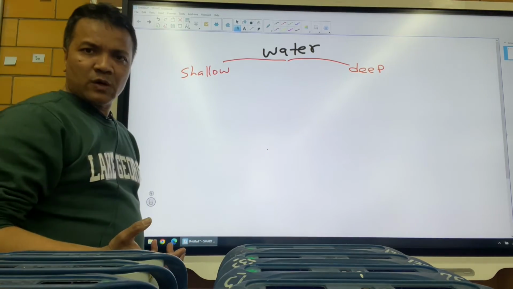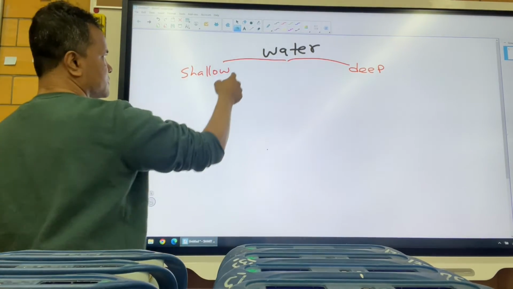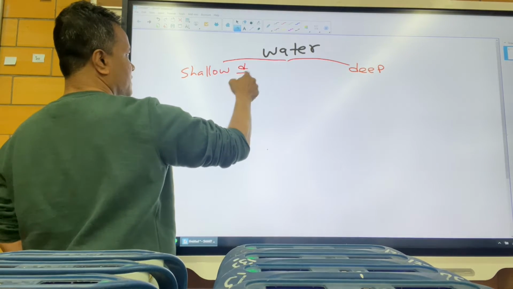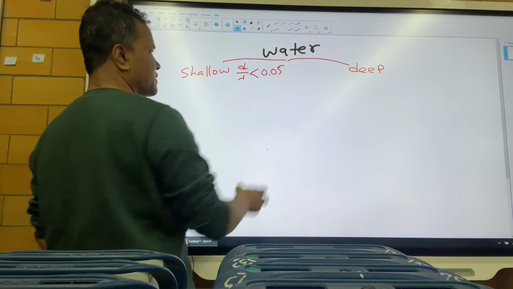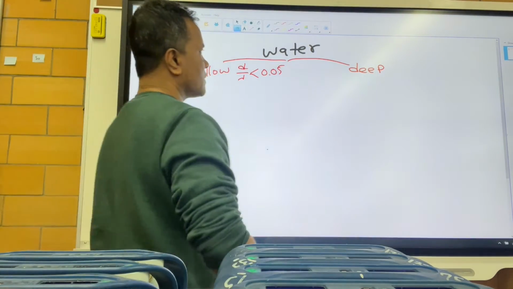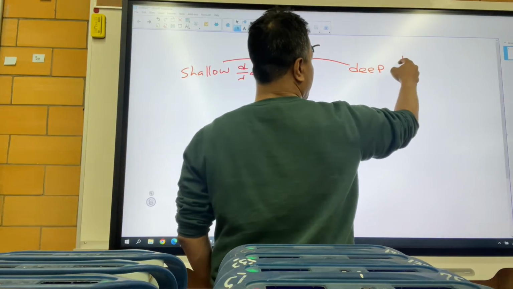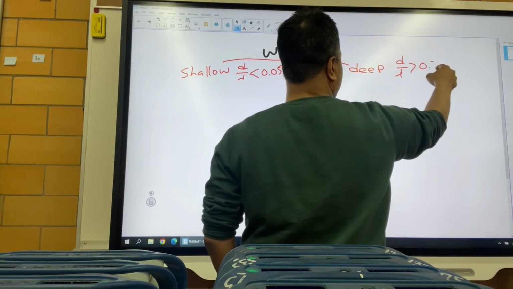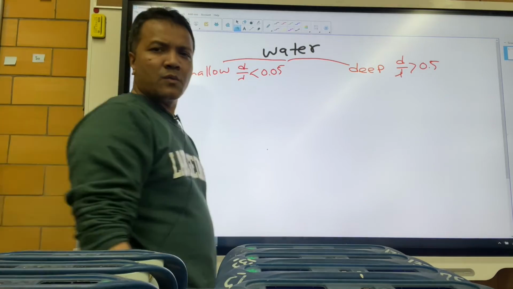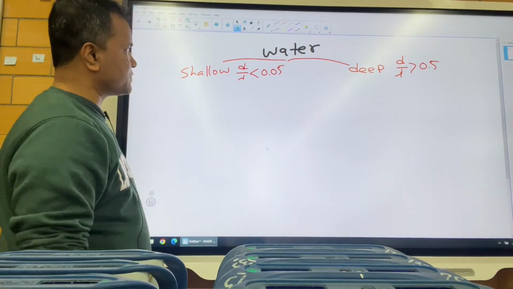What makes it shallow water? Distance over lambda. If it is less than 0.05, then this is shallow water. If the distance over lambda is greater than 0.5, then it is deep water.